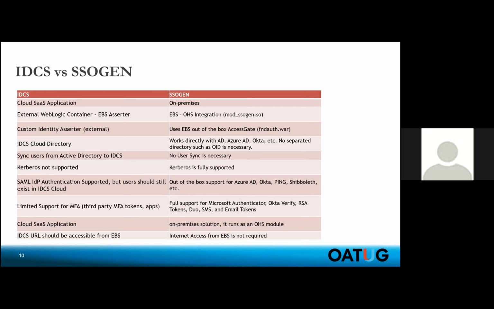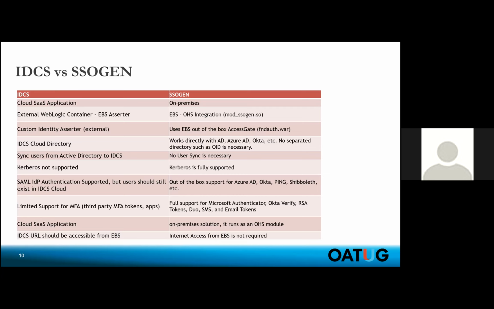And then we do have full support for these third-party MFAs that we talked about, Microsoft Authenticator, Okta Verify, Duo, pretty much. If you are using Okta at the company level as an enterprise SSO, you can extend that to EBS. If you are using Azure AD as the company SSO, you could just use that.